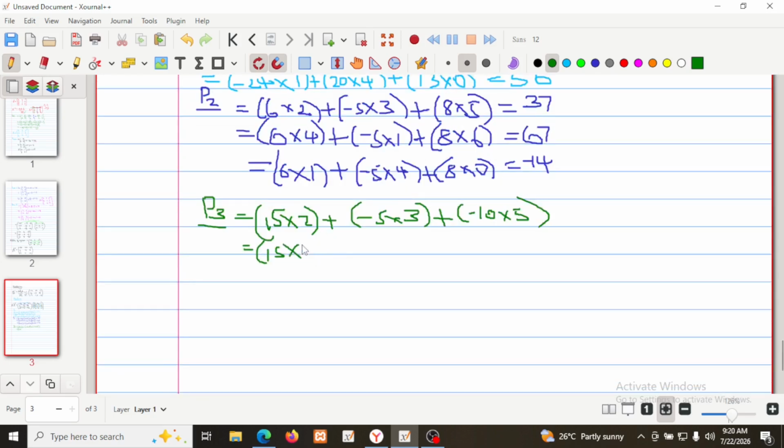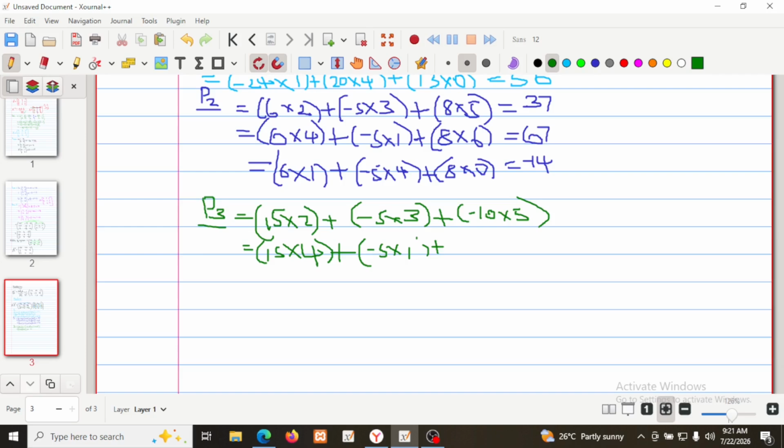So it is 15 times 4 added to negative 5 times 1, not 4. Okay, be careful. Times 1.